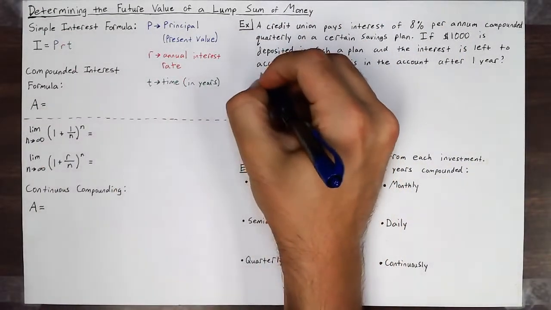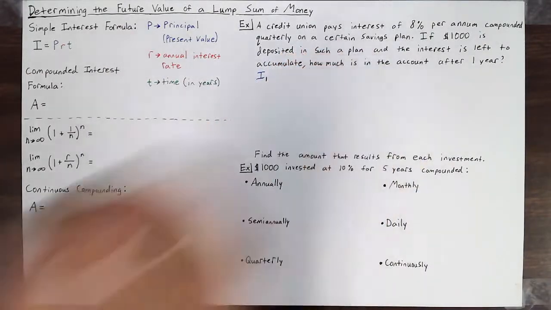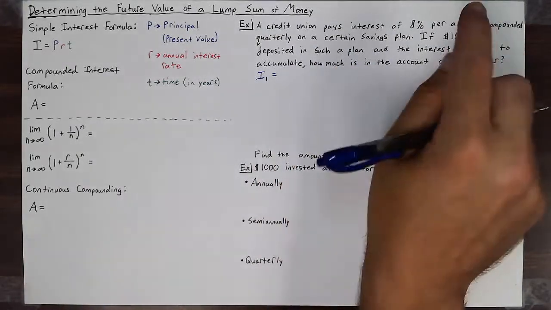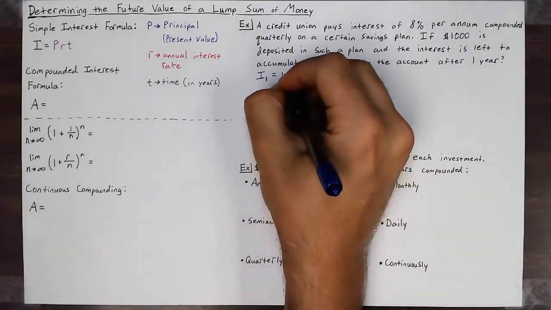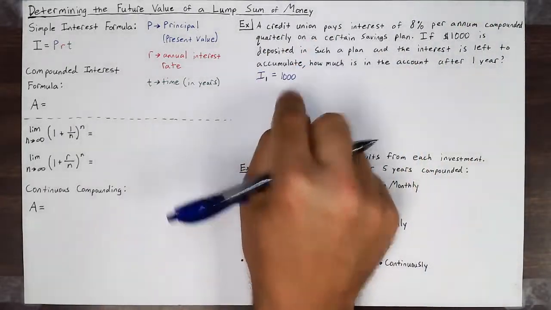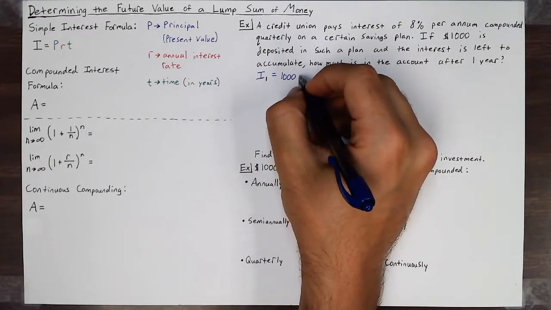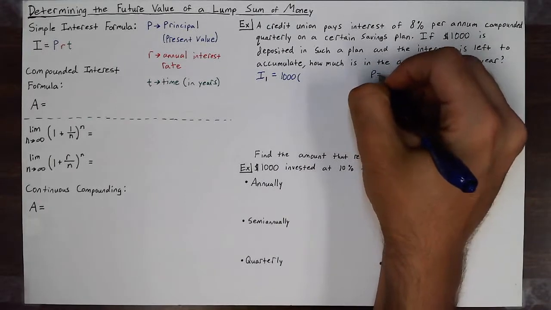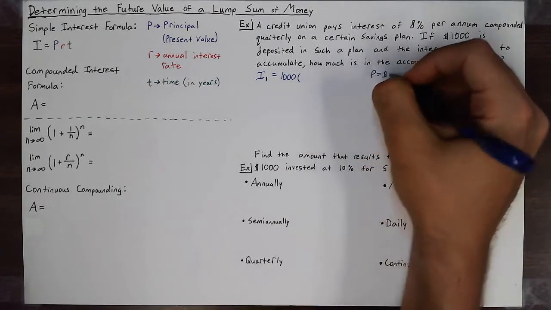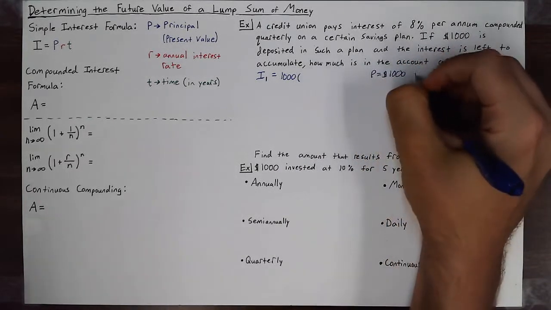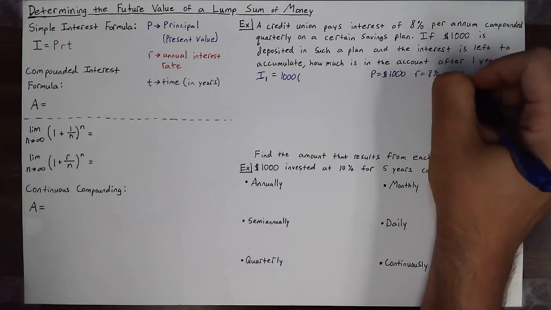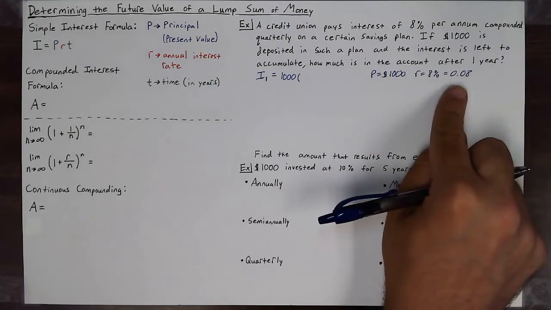Well, it's going to be quarterly, so we'll look at the first quarter. I'll call this I1, which is equal to the principal amount, $1,000, the present value, times the rate. So $1,000 for the principal. The rate is 8%, but we'll use 0.08 for our formula.